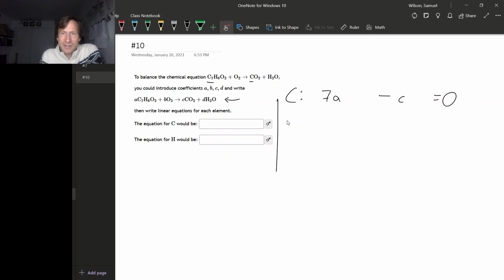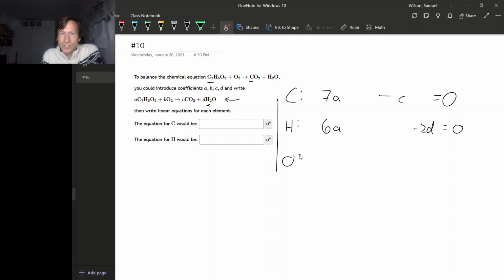Now looking at hydrogen. For reactants, we have 6A. And for products, hydrogen only shows up right here, so minus 2D equals 0.